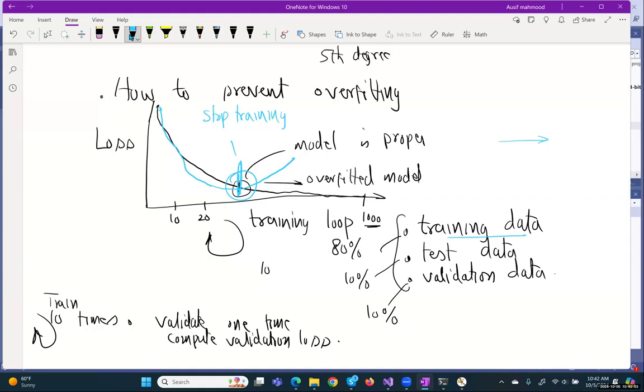Still, how many neurons should we pick? The number of neurons is dependent upon the complexity of the model, or the complexity of, let's say, the decision boundary.